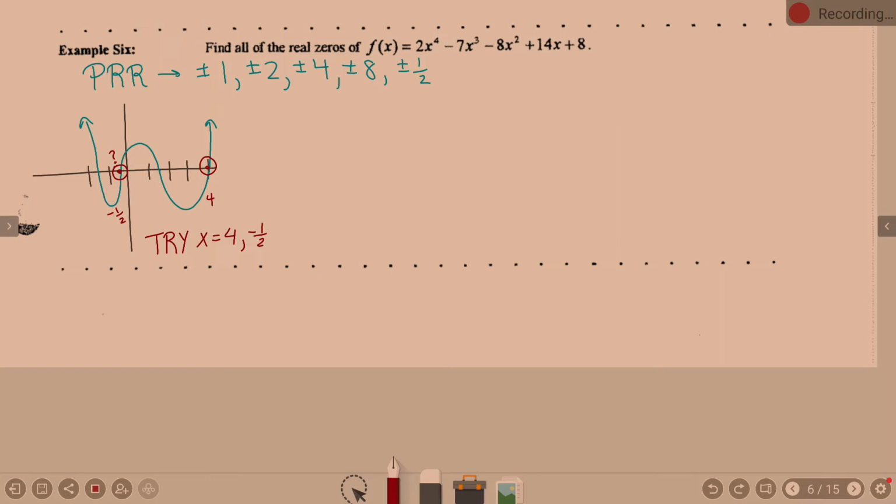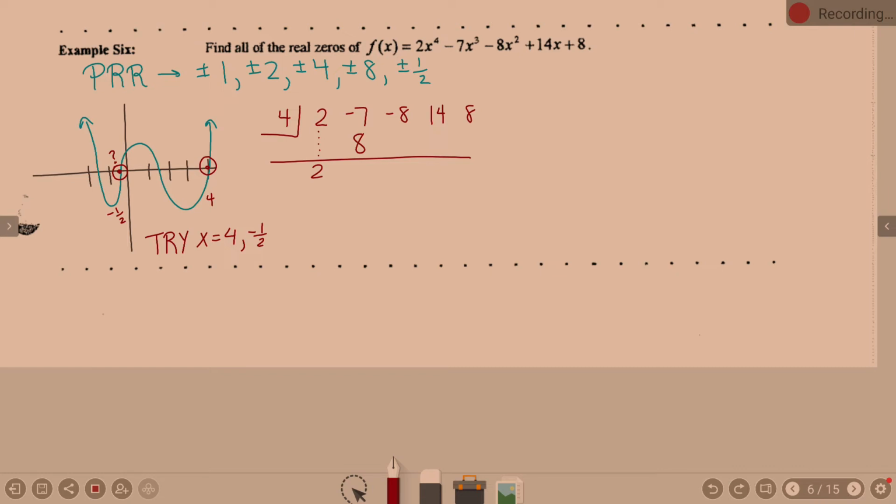Okay, so when we say try the 4 and negative 1/2, you guys know synthetic division, right? So if I try 4, what do we have here? 2, negative 7, negative 8, 14, positive 8. That's what I got. Drop the 2. 4 times 2 is 8.